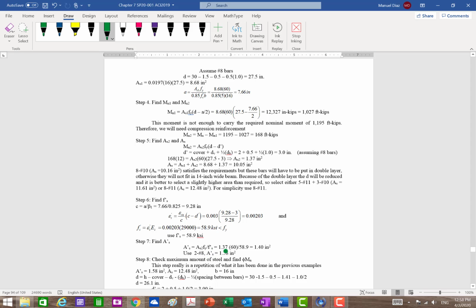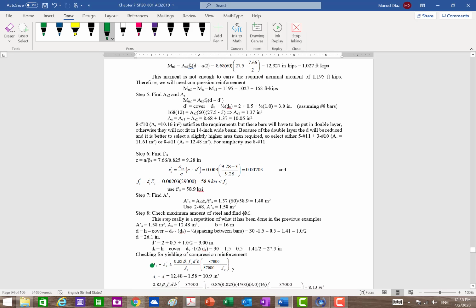And that gives me 2 number 8s, so that's 158, which is more than the 140, so that's good. And then we're going to check the capacity. So now we have 2 number 8s on the compression side and 8 number 11s on the tension side, right?